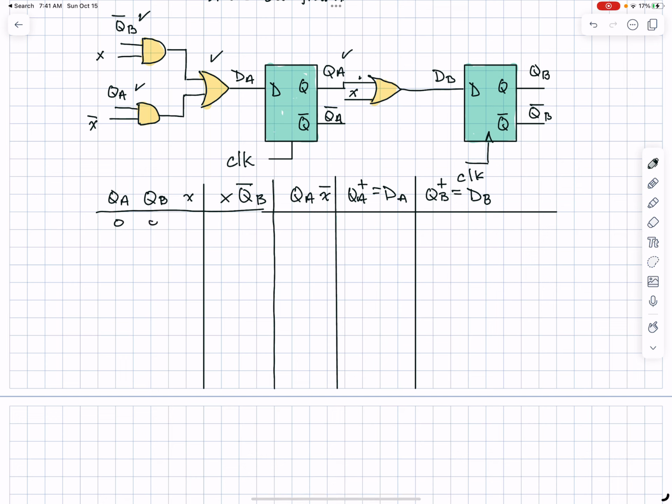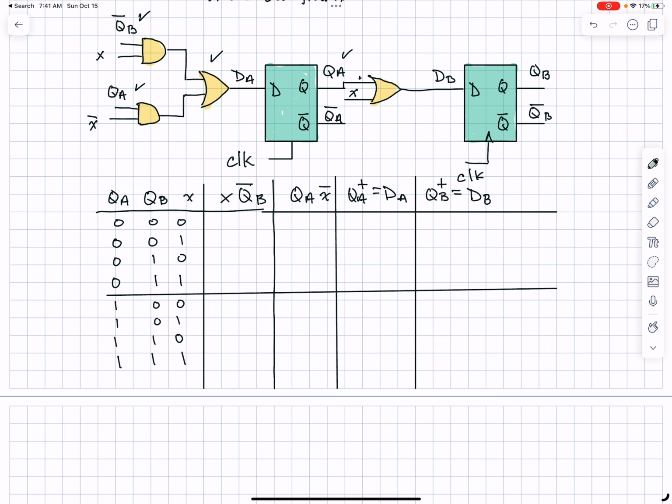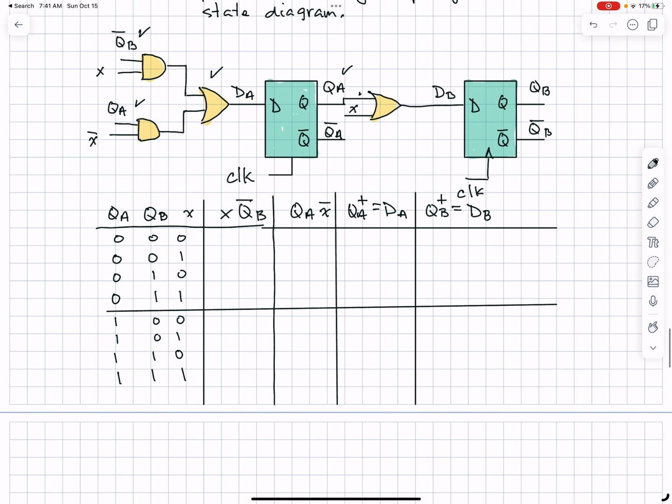From here, I put down all the input combinations like we've done many times before. I can find where X QB bar is a 1. What I'm looking for is the case where X is equal to 1 and QB is equal to 0.